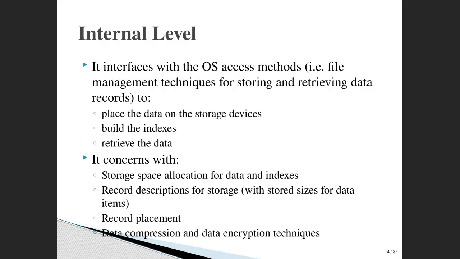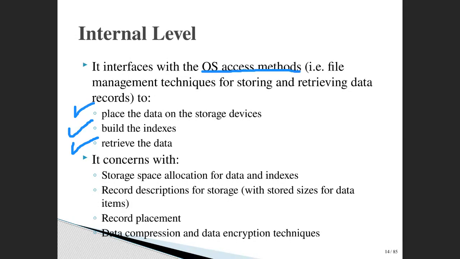For example, there are methods for storing and retrieving the data. To do what? To place it in the storage devices, to build the indexes, to retrieve the data.